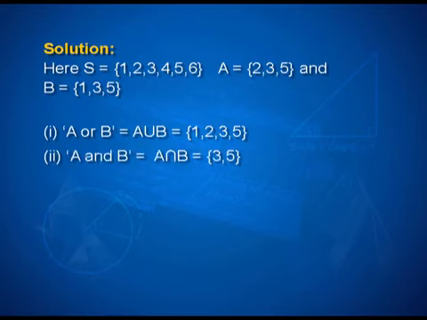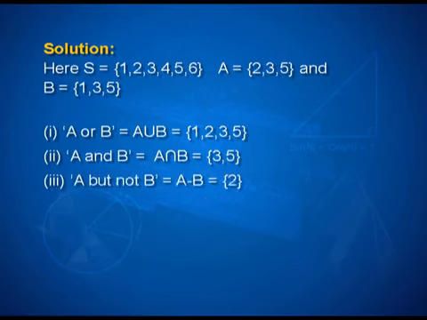Second, A and B is equal to A intersection B, that is equal to {3, 5}. Third, A but not B is equal to A minus B, that is equal to {2}. Fourth, not A means A complement, that is equal to {1, 4, 6}.